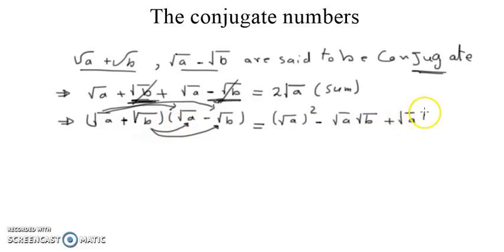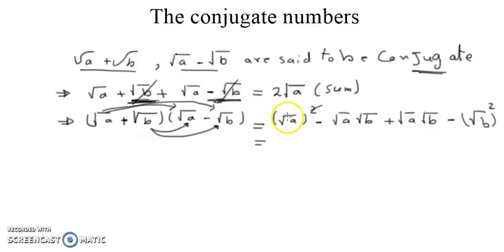Positive times negative will be negative: square root of b times square root of b is square root of b squared.